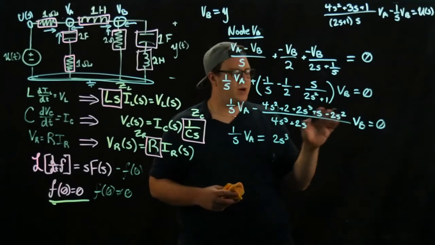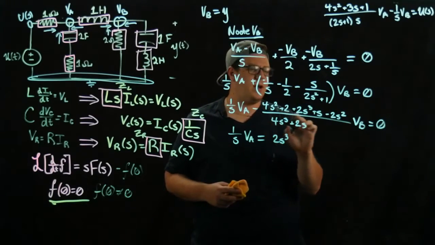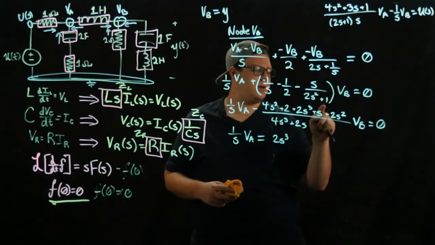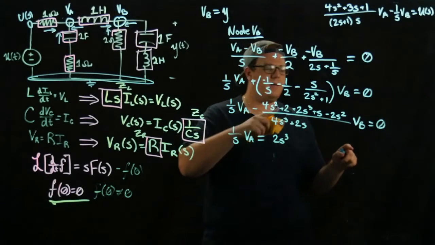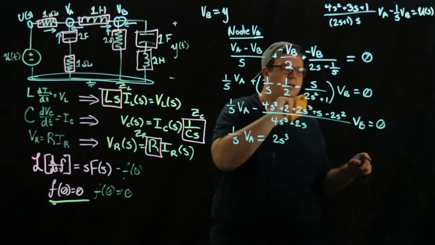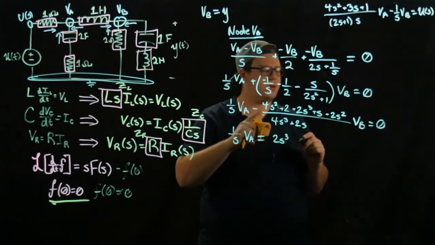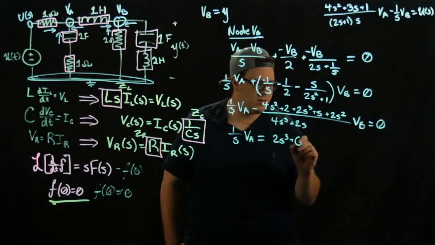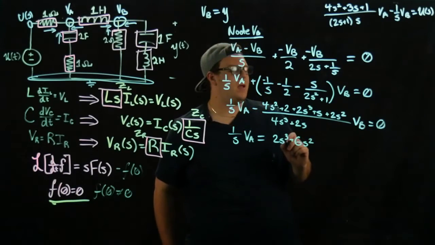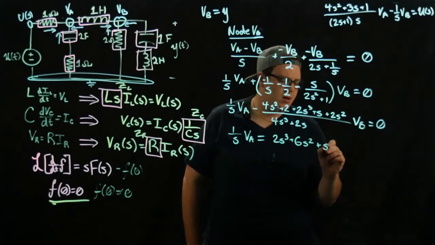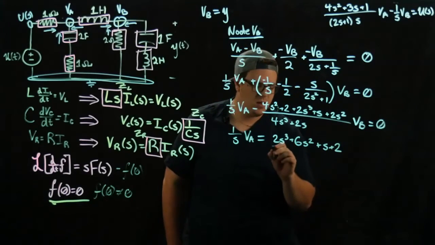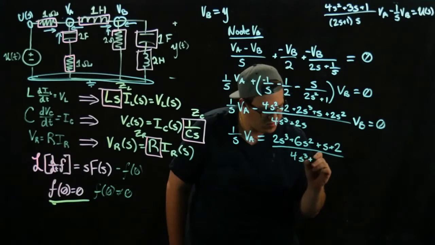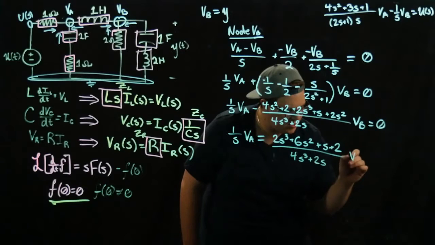And then combining the s squared terms, we have a 4s squared, and we have 2s squared from this last term here, and that should be a plus because I put the minus out front. So we have plus 6s squared, and then we have a single s term, and then we have a single 2. That's all divided by 4s cubed plus 2s, and this is VB.